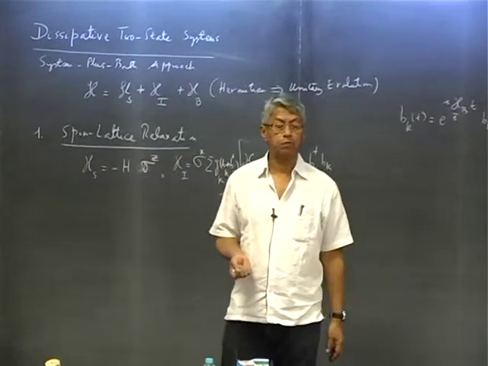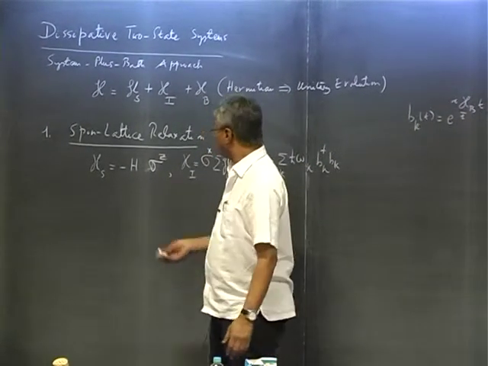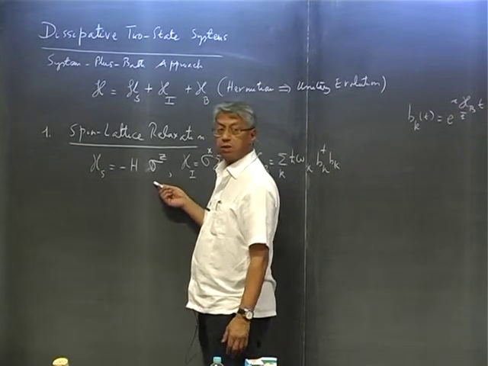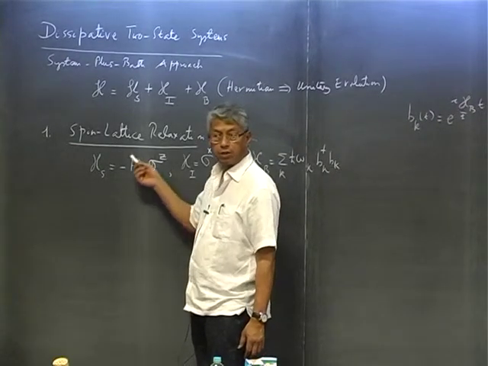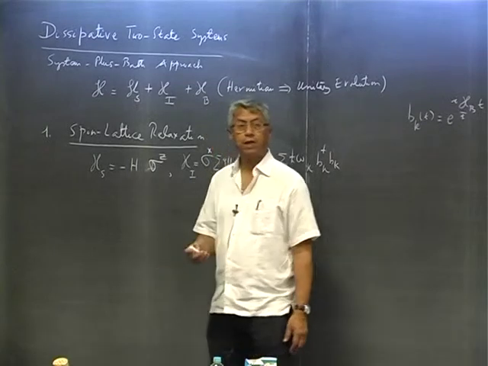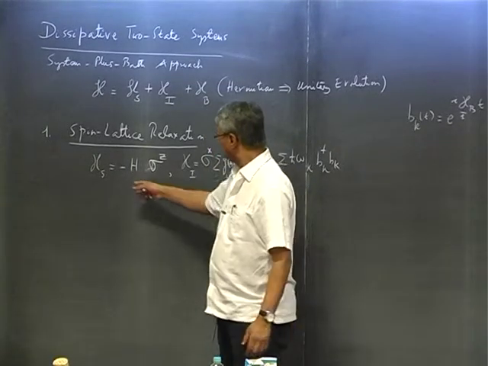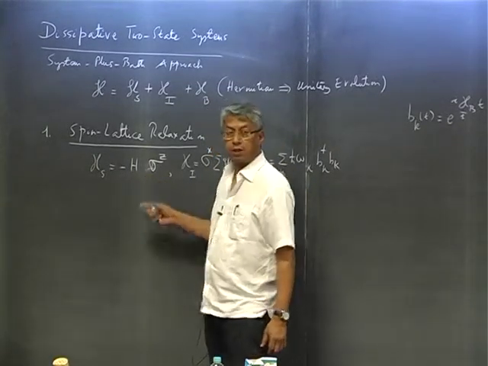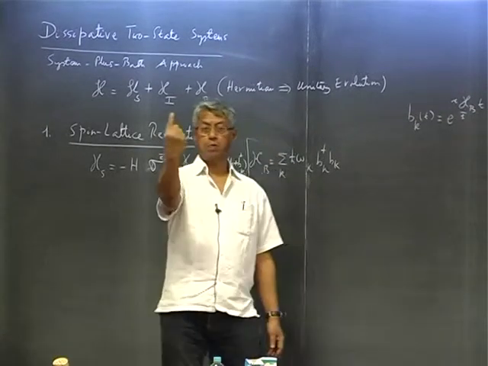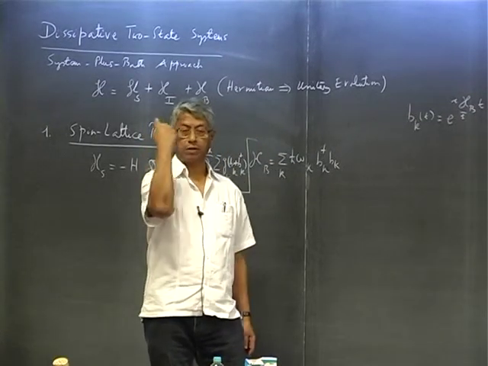The bath variable frequencies are very large compared to the frequency of the system of interest, which is given by H inverse. And so the whole idea is that this term causes the spins to precess around the magnetic field.